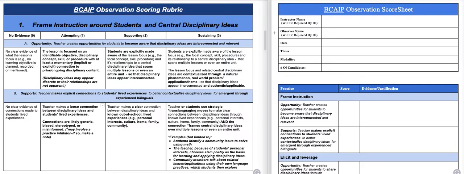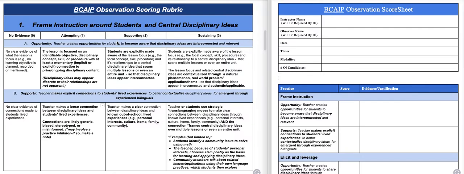So you'll start by putting in this information here: the person you're observing, your name, the date, the times of the lesson, and the modality, whether you're watching a video or sitting in the class.